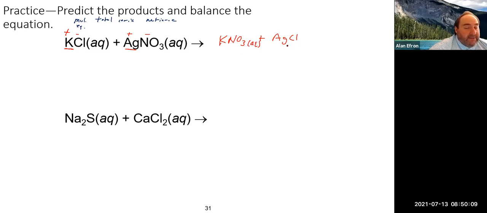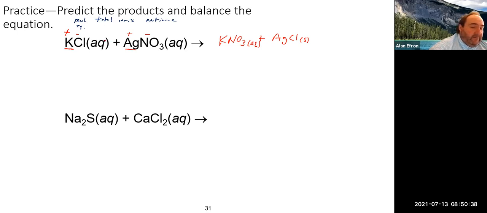Again, looking at the solubility rules, chloride is soluble in everything except for 3 exceptions, and one of the 3 exceptions is silver. So because chloride is normally soluble and silver is an exception, it is the opposite, which means this definitely will be a solid that is formed. Any questions on any part of that?